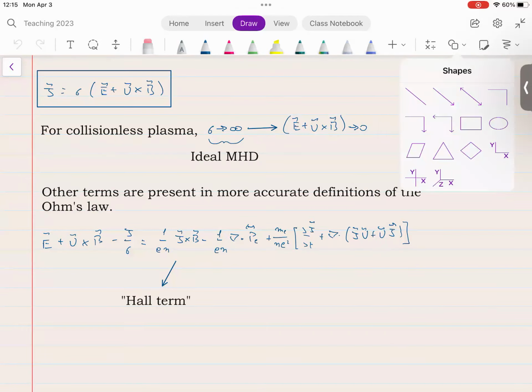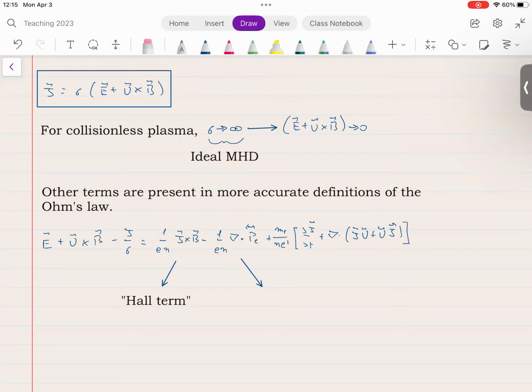And this goes by the electron pressure gradient. Where here I don't, in fact, have a gradient, I have a divergence since we're using tensors. But if the electron pressure is scalar, that is, if that tensor is diagonal, then you end up with an electron pressure gradient.